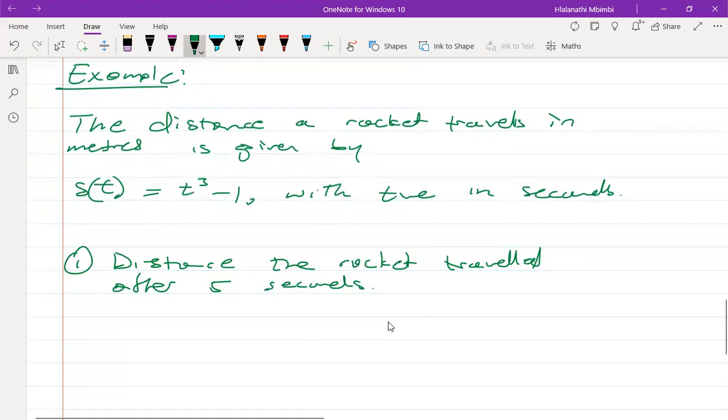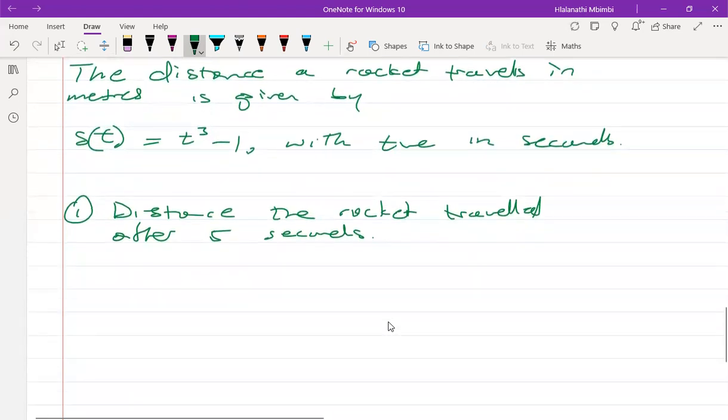And then to answer that, you would have to say, this gives us the distance. So if I evaluate the distance function at 5 seconds, then I would have something like this, which should be 125 minus 1, I suppose. So it should be 124 meters.